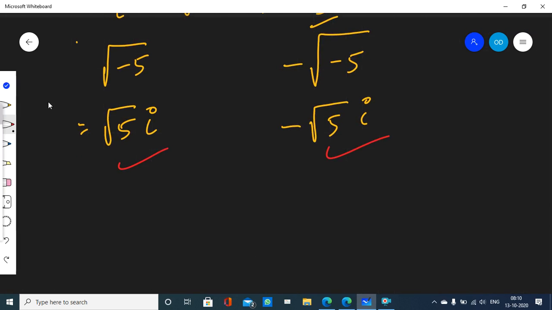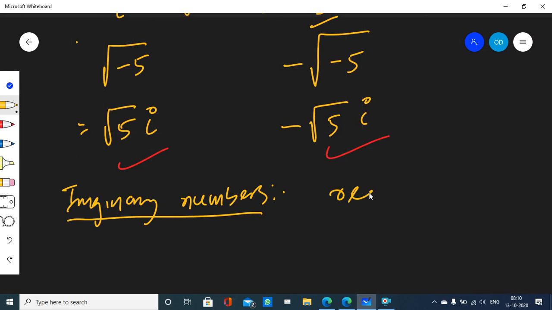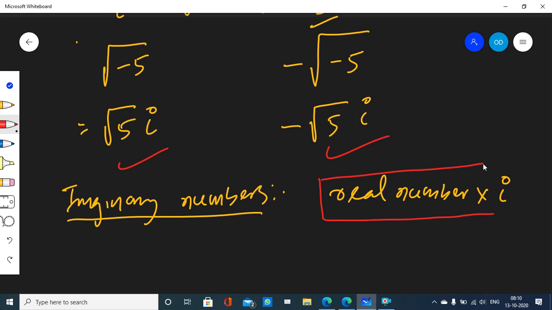Okay. And then we have discussed how do imaginary numbers look like. Some real number into i, they look like this. If you see that number, you can directly say it is an imaginary number. Any real number into i is an imaginary number.